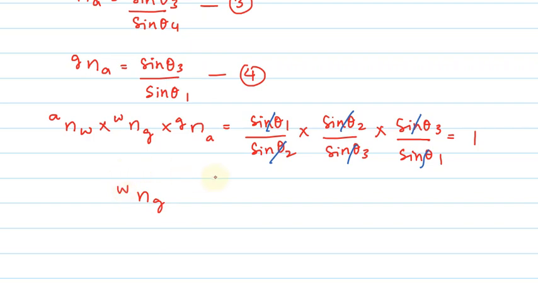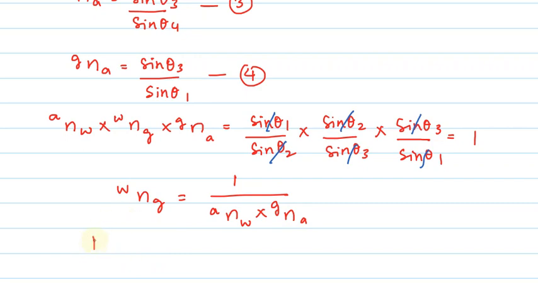Let us take refractive index of glass with respect to water as subject. It equals 1 upon, transposing the other two terms to the right hand side, refractive index of water with respect to air into refractive index of air with respect to glass.